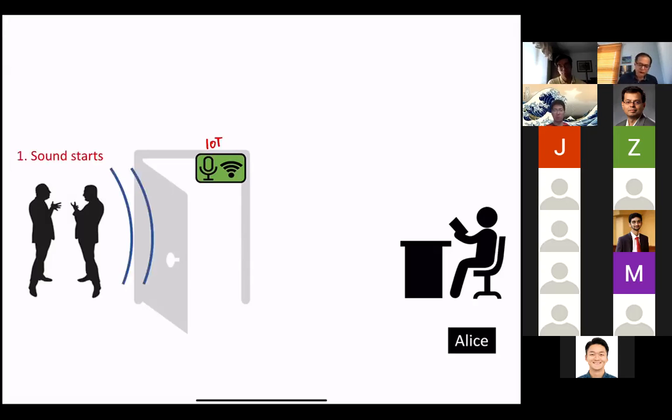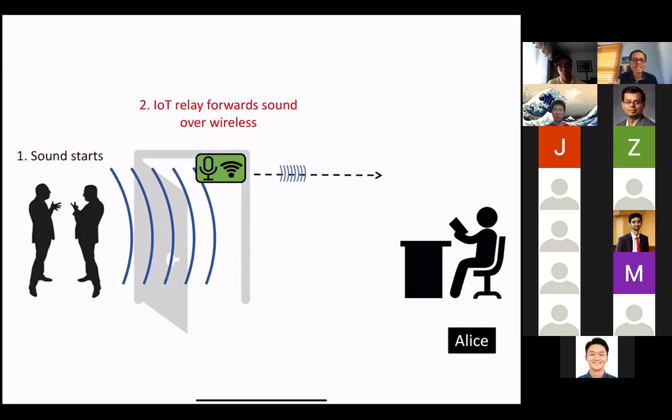Okay. And what is the IoT relay's job? This device's job is whenever sound arrives from these guys to this green device, the green device's microphone hears that sound and then relays that sound over a wireless packet.